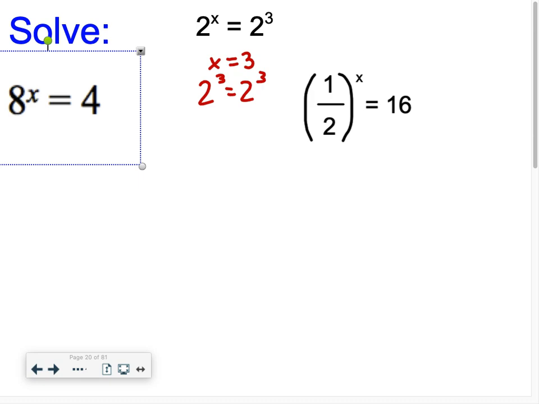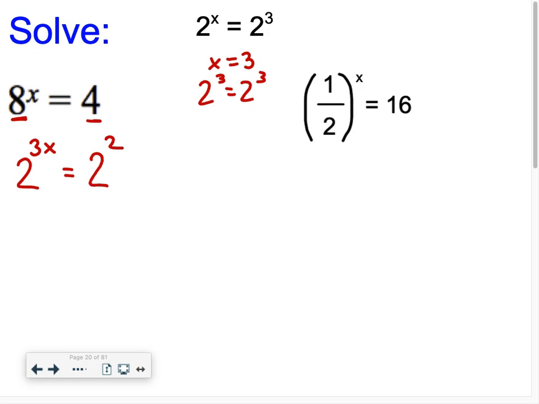And hopefully you would catch that they're both powers of 2. So this base of 8 is 2 cubed. But then there's also an x up there, so don't forget about that. Okay, then this base of 4 is also a power of 2. 4 is 2 squared. So all I did was rewrite 8 as 2 cubed and 4 as 2 squared.